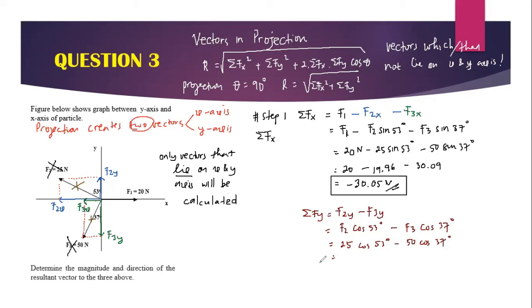Is it clear for you? 25 cosine 53, and then minus 50 cosine 37. The answer is minus 24.89 Newton. Is it clear for you? This is the final answer for sigma Fy. Sorry, I want to box this answer to make sure it's very clear for you.